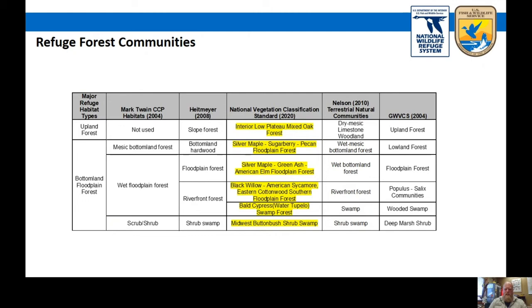Refuge forests can be divided into two broad groups, seen in the table here on the left column, upland and bottomland. Upland forest is only a minor component of the refuge lands, with only about 7 acres located near their headquarters in Randolph County.